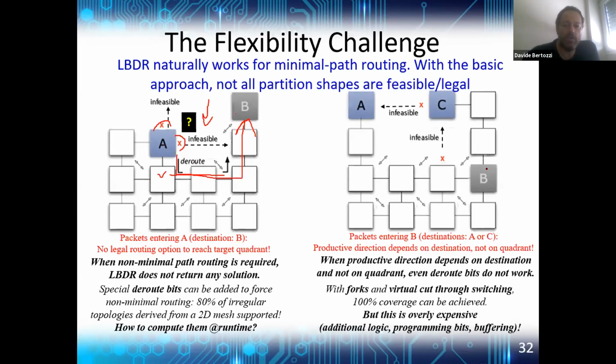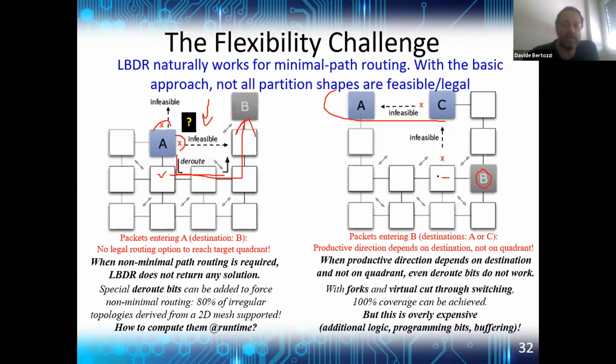In this case, you have a packet in B that may be routed to either destination C or destination A. But here there is something strange for LBDR. You cannot say, okay, all my destinations are in the northwest quadrant, therefore I take west.